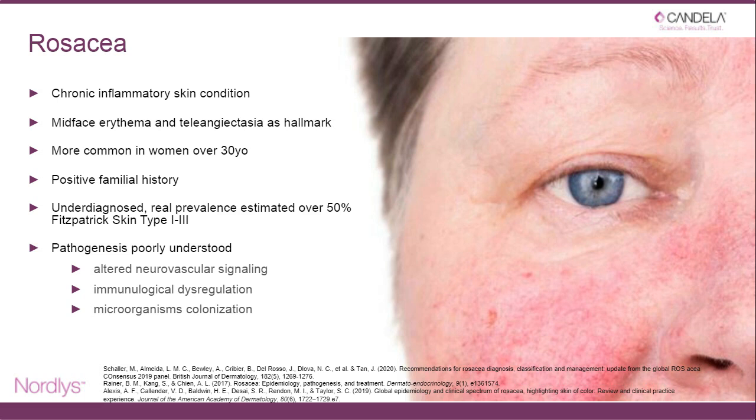So it's estimated that in low Fitzpatrick skin types, the prevalence might be over 50%. We know that the pathogenesis is poorly understood, but there are some mechanisms that we are already aware of, namely altered neurovascular signaling, immunological dysregulation, and the colonization by some microorganisms such as Demodex, as Daniel has already discussed.